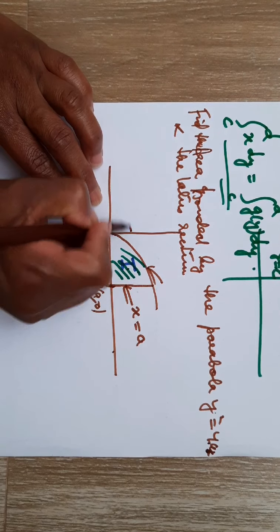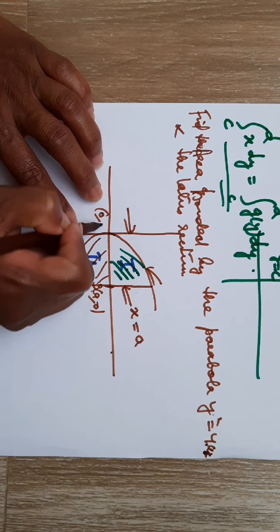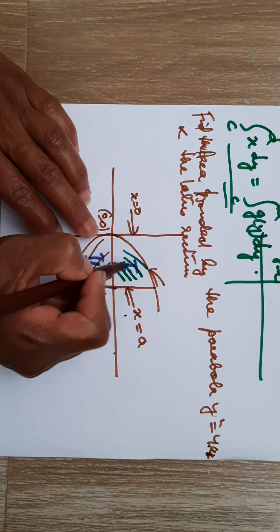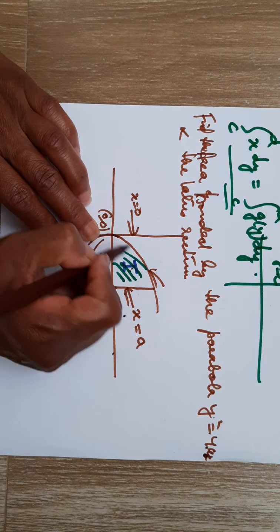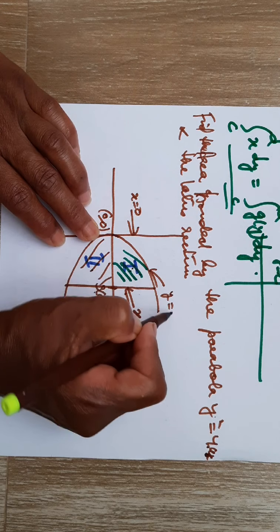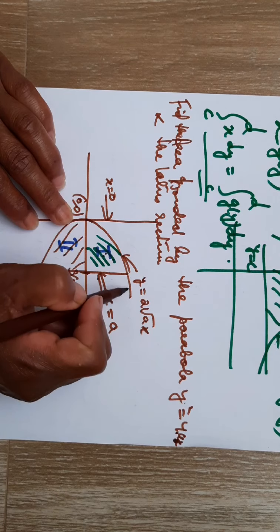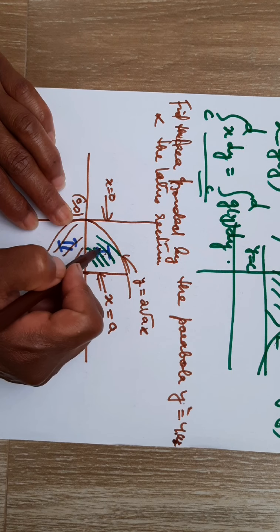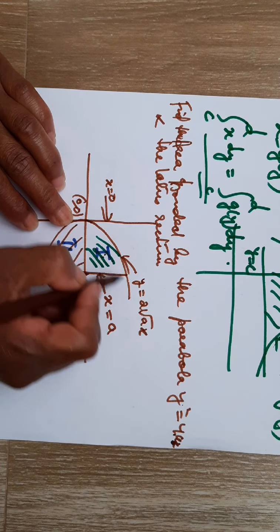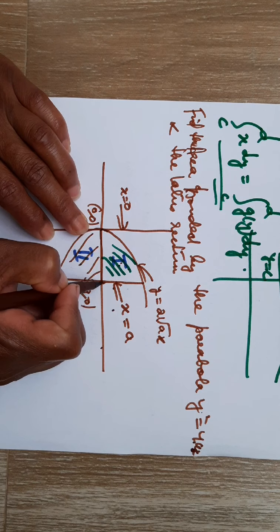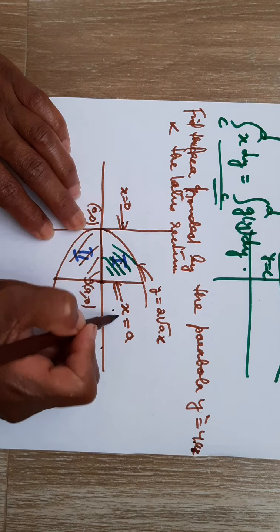This is the origin, that means x is equal to 0, and this is x is equal to a. Region 1 is bounded above by the curve y is equal to 2 root ax. I am taking the positive square root here because this region lies above the x-axis. So it is bounded by y is equal to 2 root ax and the x-axis between x is equal to 0 and x is equal to a.